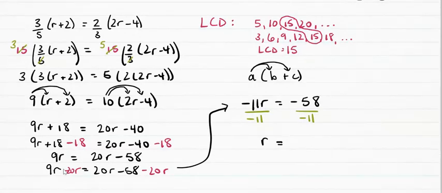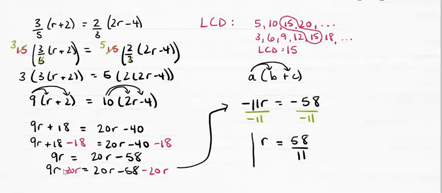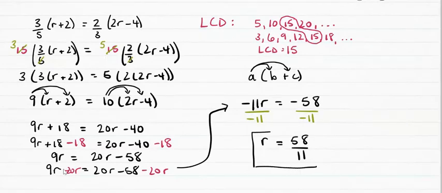A negative number divided by a negative number gives us a positive result, so we can write this as 58 over 11. And 58 and 11 do not share any common factors, so this is an improper fraction in simplified form. And so that is our final answer for r.